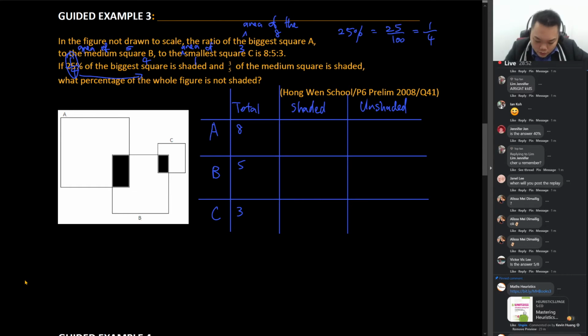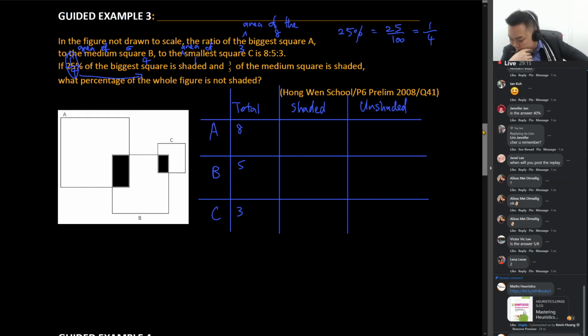So my next question is, how many units of A is shaded? Okay, Victor, I can tell you your answer is definitely wrong because they're asking you for a percentage. Okay, for A, how many units is shaded? You all know?